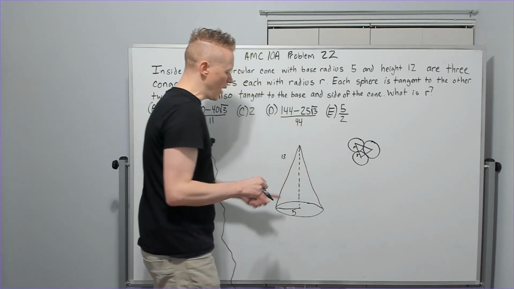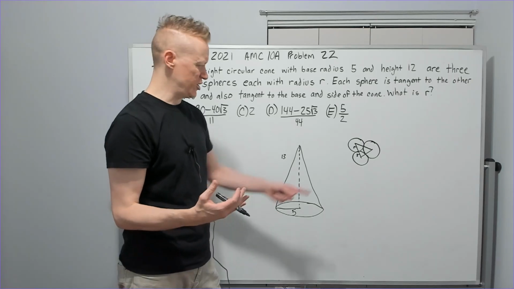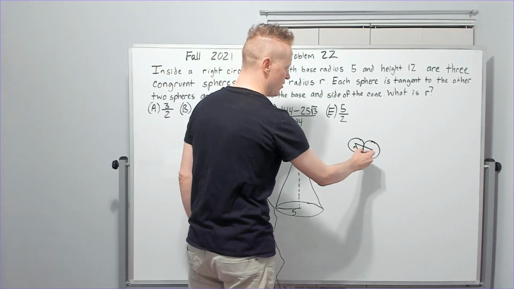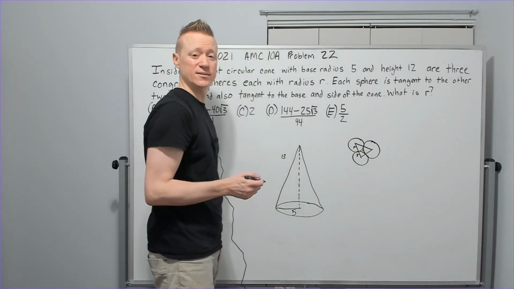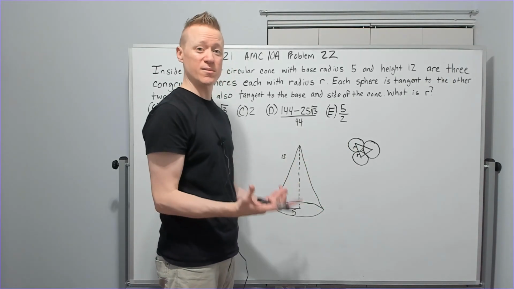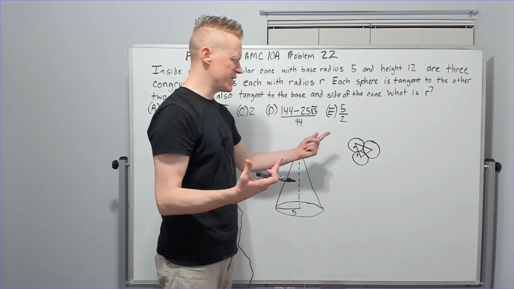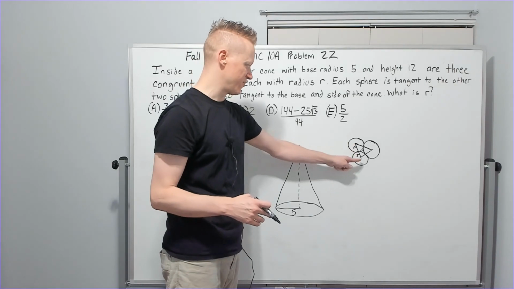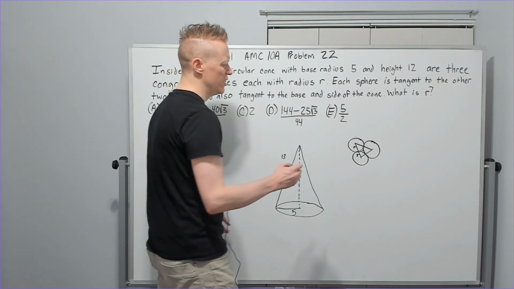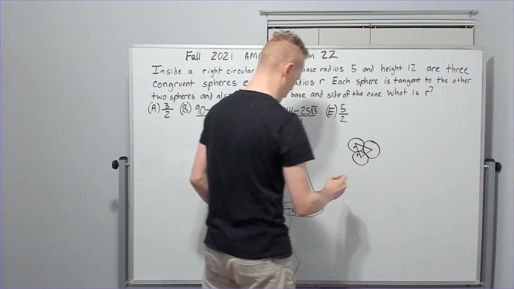Now think about, where is this altitude in relation to that triangle? It's logical. It's going to go right through its centroid, right through the middle, because that centroid is the circumcenter. It's equidistant. There's no reason why it would not be equidistant from the vertices of that equilateral triangle.